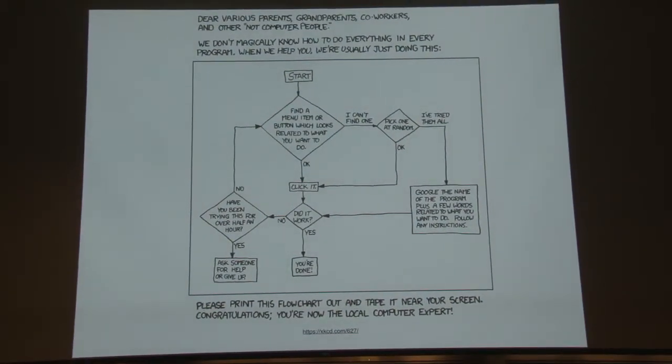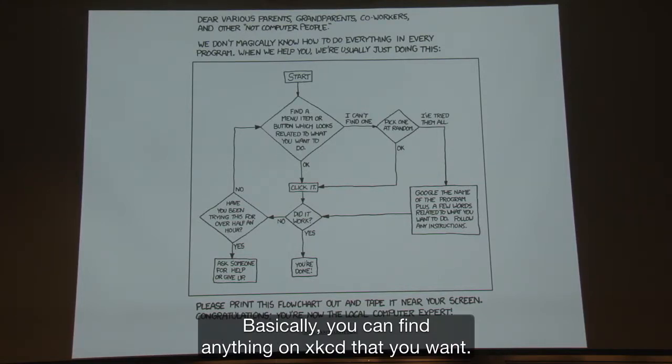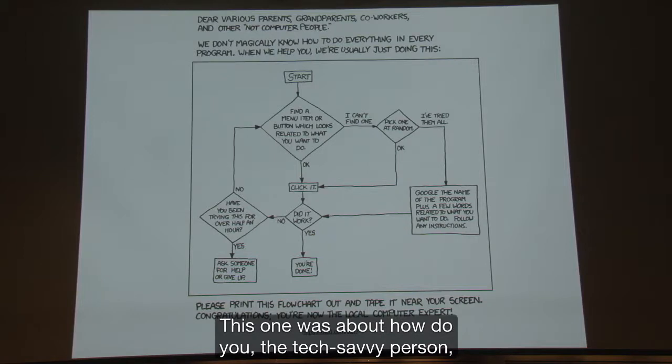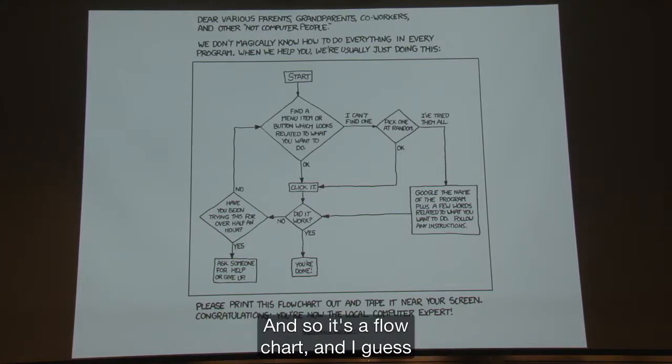All right, well, it's almost traditional to start with an XKCD now. This one they had one about a flow chart about flow charts. Basically, you can find anything on XKCD that you want. This one was about how do you, the tech-savvy person, help someone like a grandparent who doesn't really know how to use a computer, and it's a flow chart.